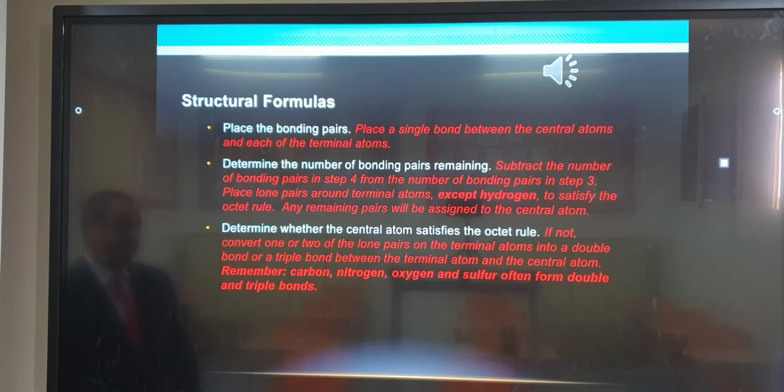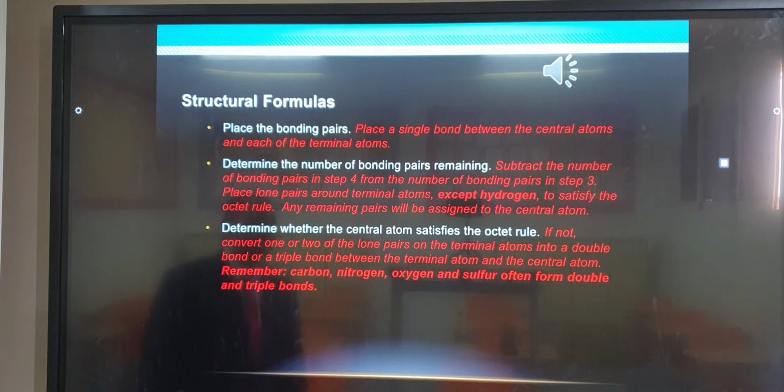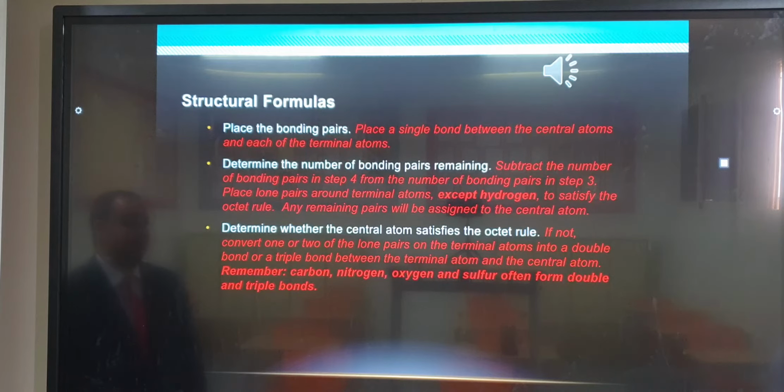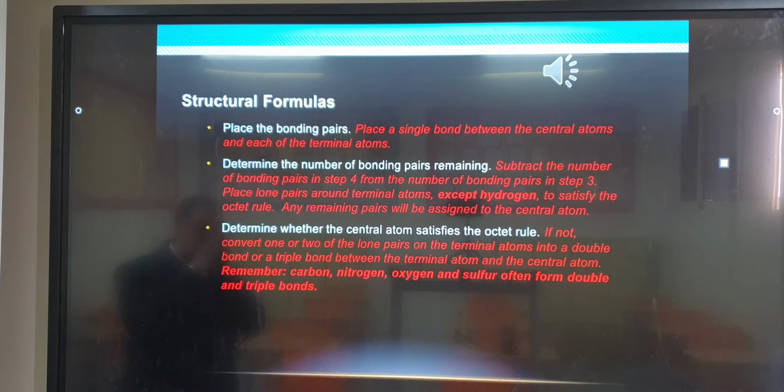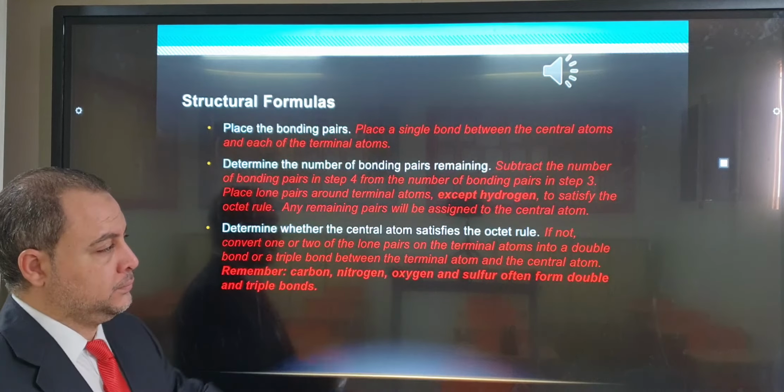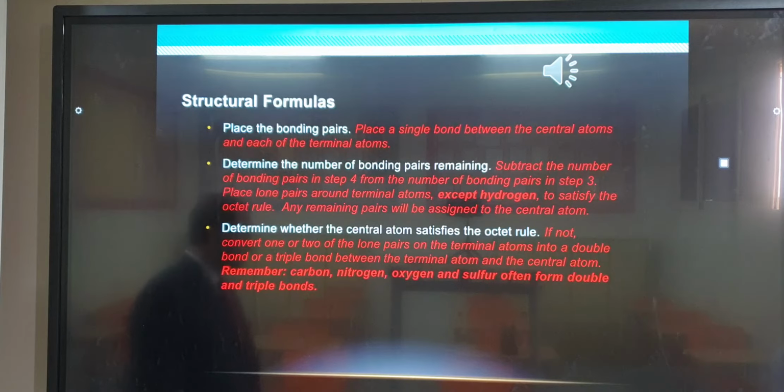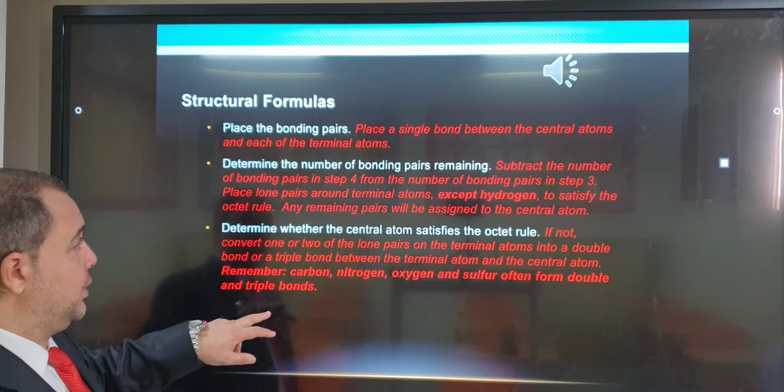Any remaining pairs will be assigned to the central atom. Determine whether the central atom satisfies the octet rule. If not, convert one or two of the lone pairs on the terminal atoms into a double bond or a triple bond between the terminal atom and the central atom. Remember, carbon, nitrogen, oxygen, and sulfur often form double and triple bonds. I'm going to move to the next slide.